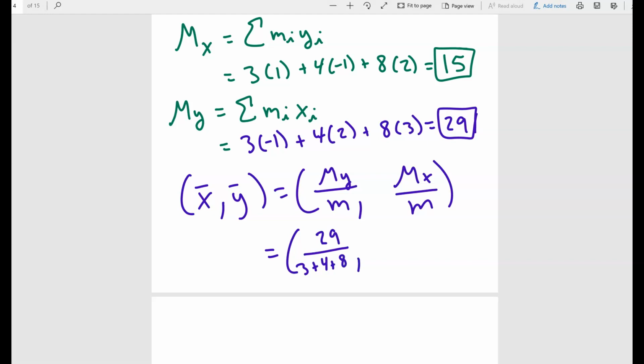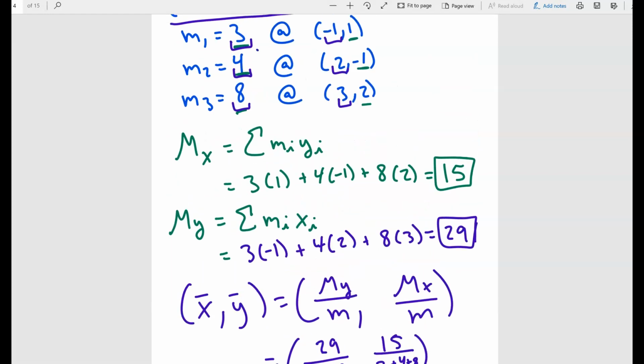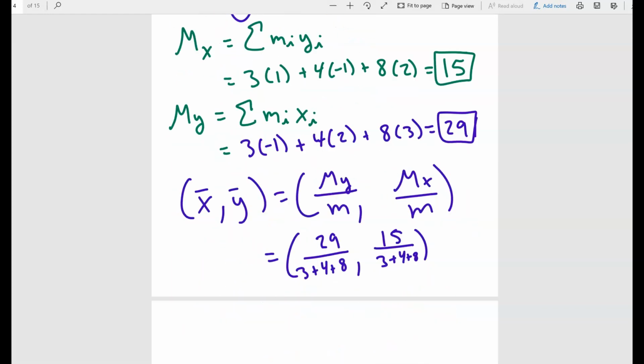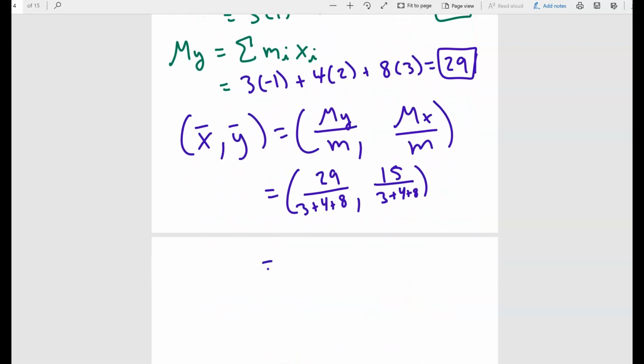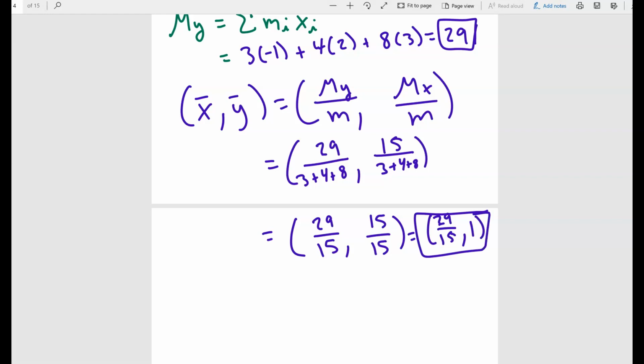And then the moment in the x direction is 15, which is what we calculated, divided by 3 plus 4 plus 8. Those numbers come from these. So in this case, you're going to have 29 over 15, comma 15 over 15, which gives us 29 over 15, comma 1. And that's basically what you do.